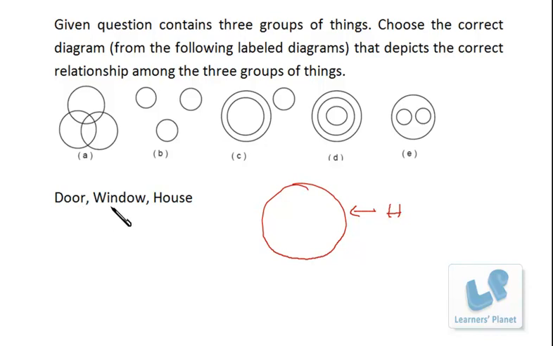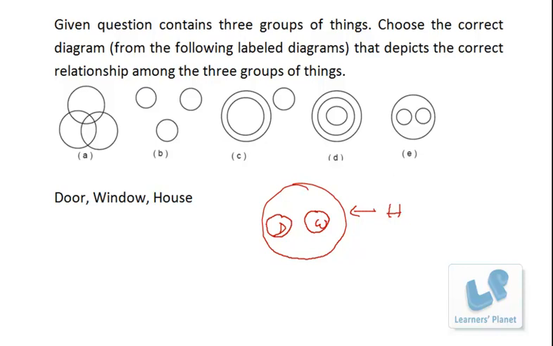So doors and windows are subsets of the house, but they are disjoint sets. So these are doors and these are windows. Nothing is common between these two, but they come under the house. The representation same as this is option E. I hope you are getting me.